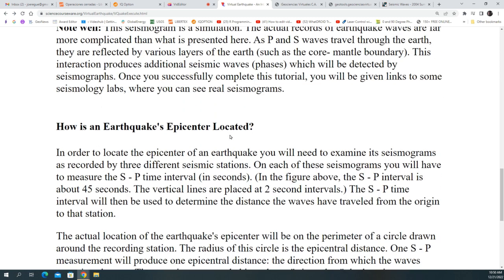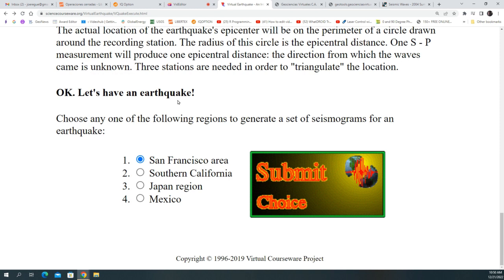This page is very interesting. It gives us the chance to play with some records. It has some different historical records you can play with. Since we had a very interesting earthquake yesterday, today being the 21st of December 2022, a nice earthquake offshore California, let's try a San Francisco area earthquake.